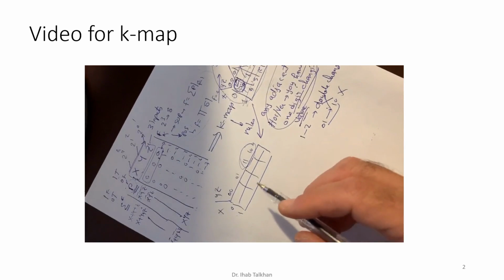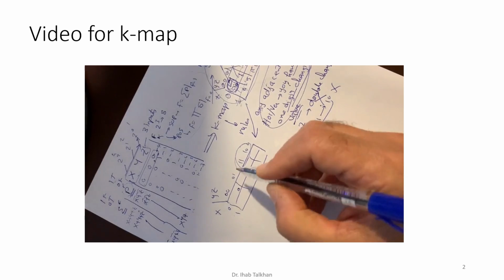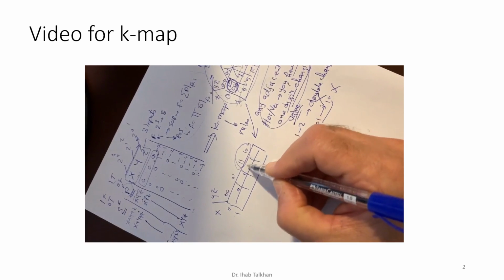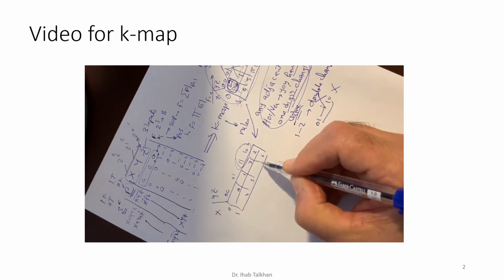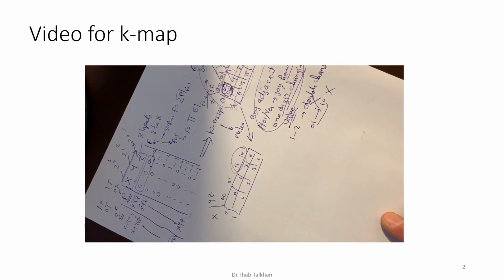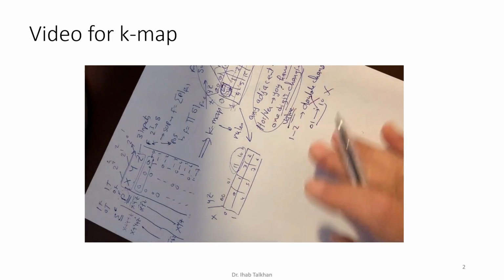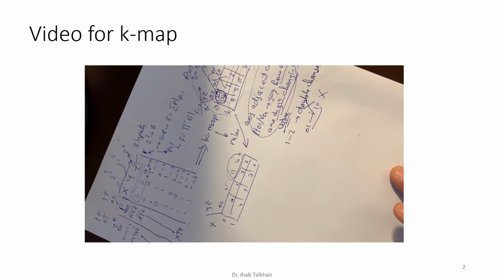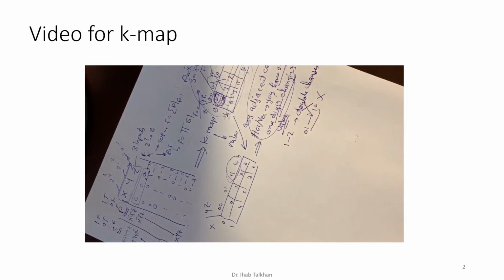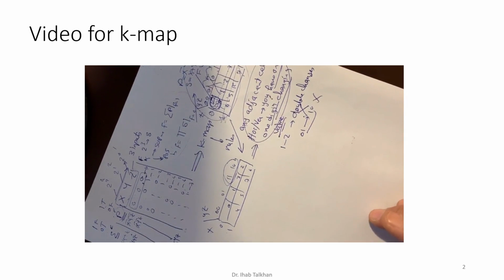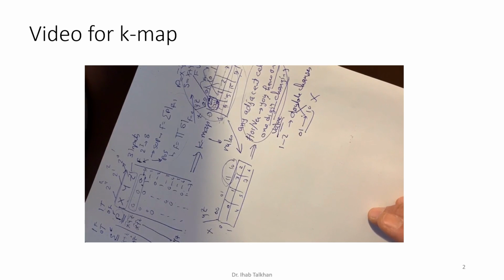As you can see in this figure here, you have row number 0, row number 1, and then 2 goes there, and we have 3, and then 4, 5, 6, 8, and 7. So what is going on here is that you have changed the orientation of the rows in order to match the rule, only one digit changing value. So this is what happened in the modification of the K-map.